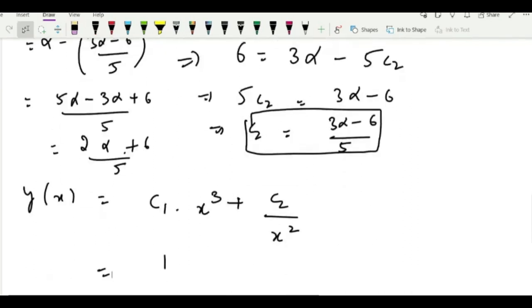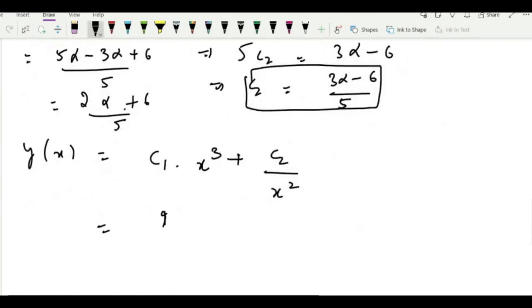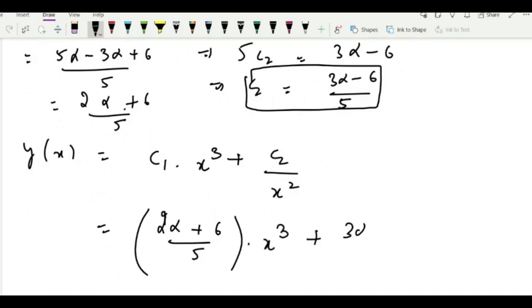So we get y as (2 alpha plus 6 upon 5) into x cube plus (3 alpha minus 6 upon 5) divided by x square.